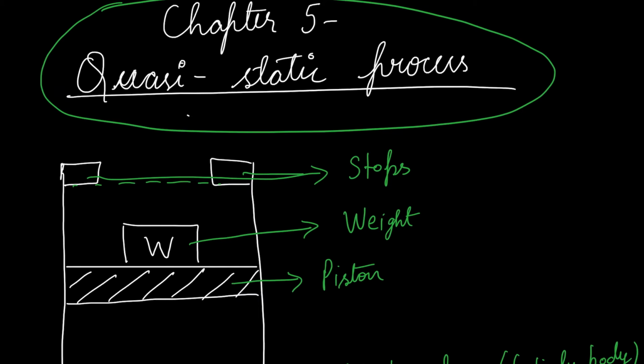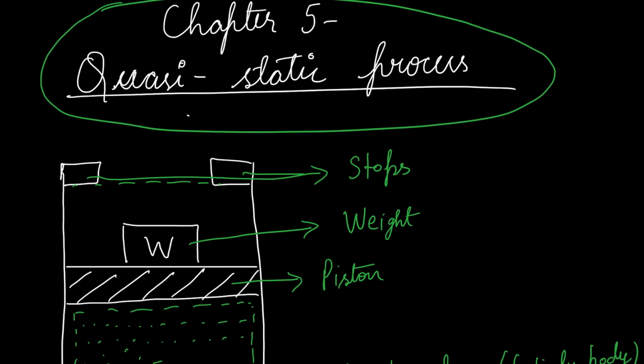Now, in a simple cylinder and piston arrangement, what is basically happening is we have a mixture here. It could be gas, fluid, whatever. Let's say this is gas and these are gas molecules.